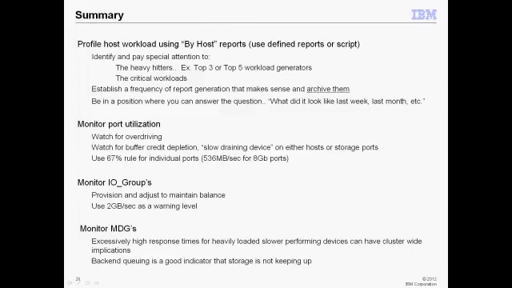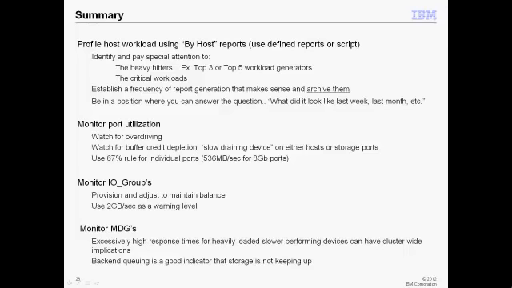Now I'd like to summarize the method and approach to performance monitoring and analysis that I've just presented. First, profile host workload using by host reports. Identify and pay special attention to the top 3 or top 5 workload generators and the critical workloads.